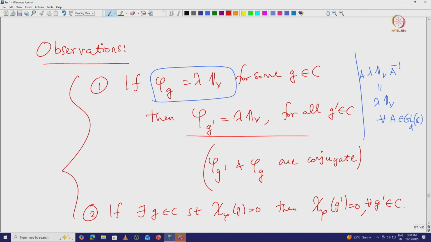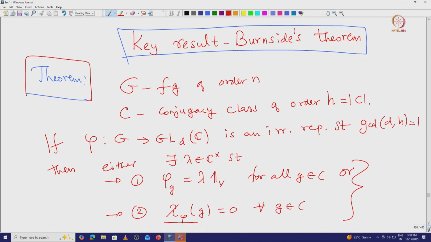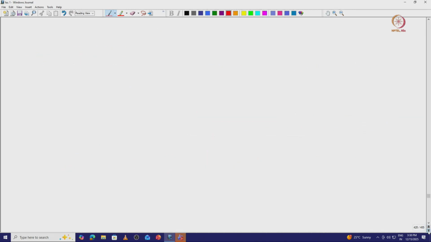With these key observations we can see that the theorem is equivalent to proving the following. If we assume there exists g such that phi(g) is not a scalar matrix, then chi_phi(g) is 0. That is actually enough to prove. So, let me make that very precise.